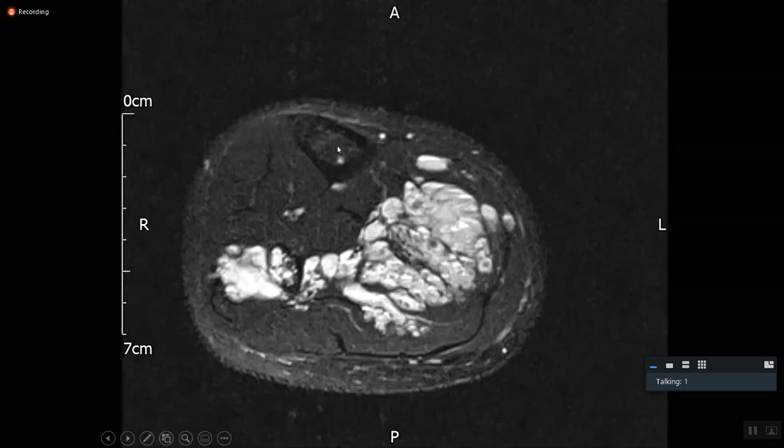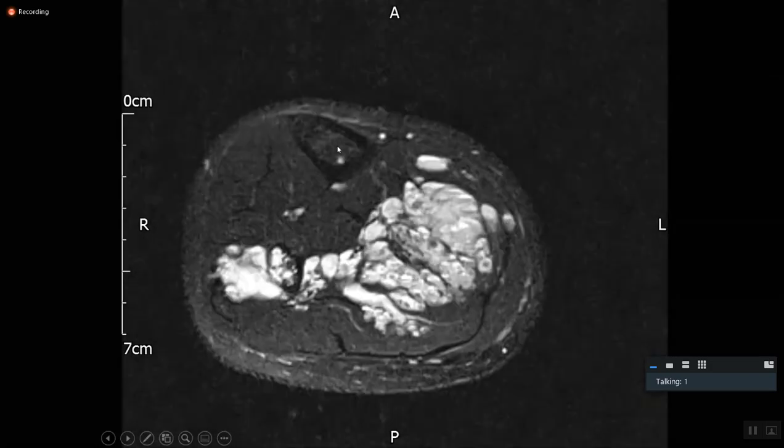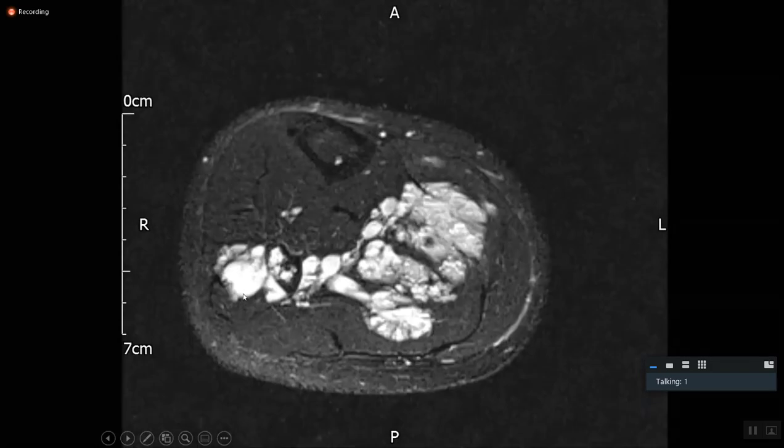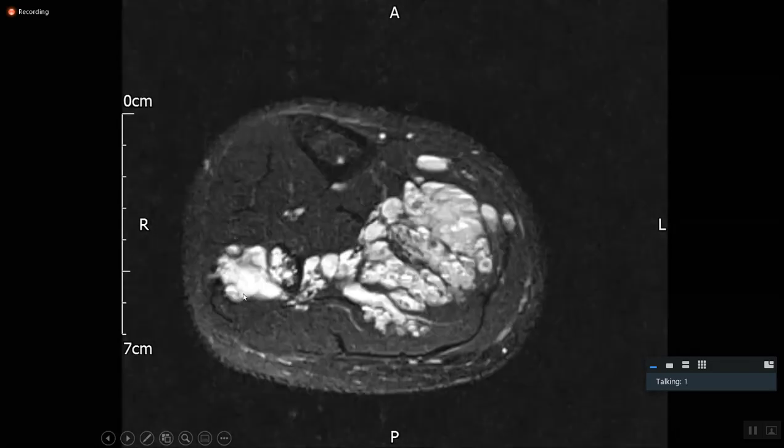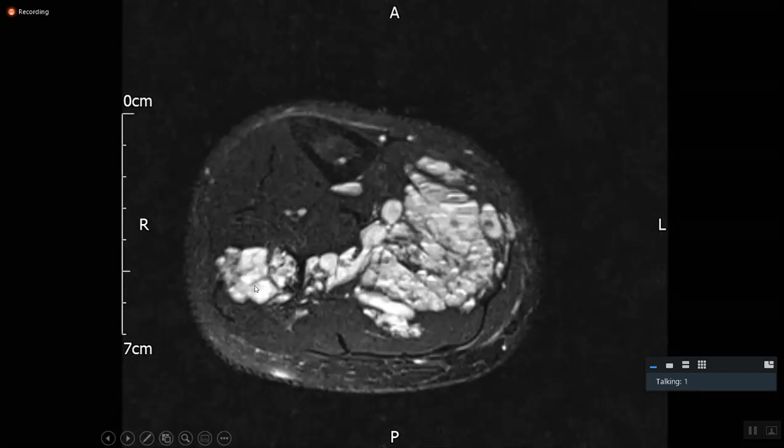So this posterior serpiginous structure, which is predominantly within the gastrocnemius muscle, appears to circumscribe around the fibula posteriorly and is in close contact with the fibula and appears to extend within the cortical aspects laterally, which will correspond to the finding that we found on the X-ray.